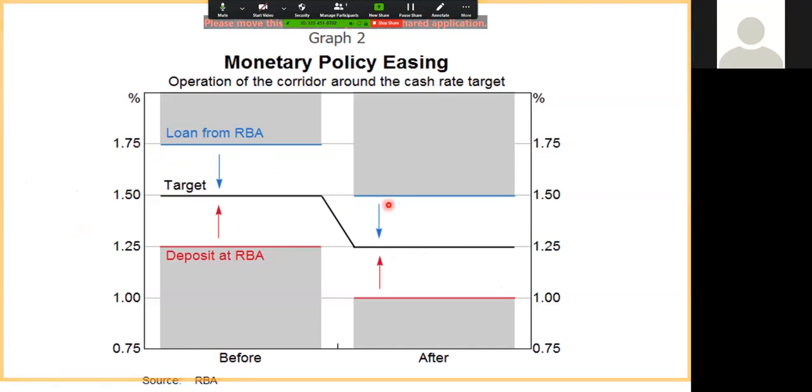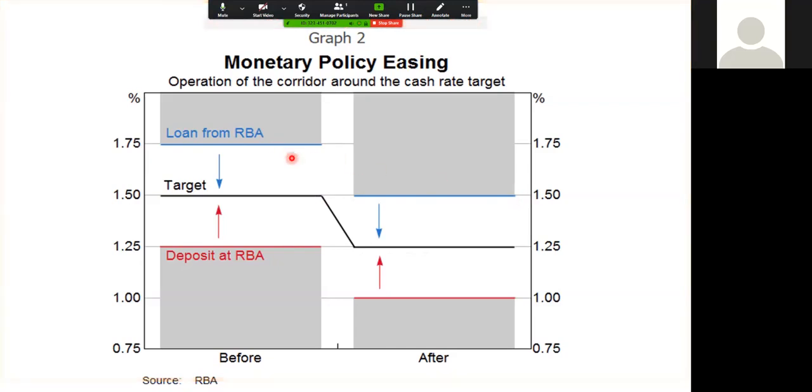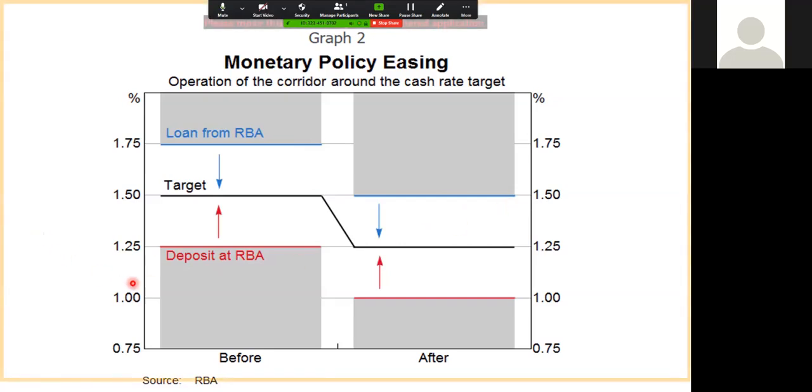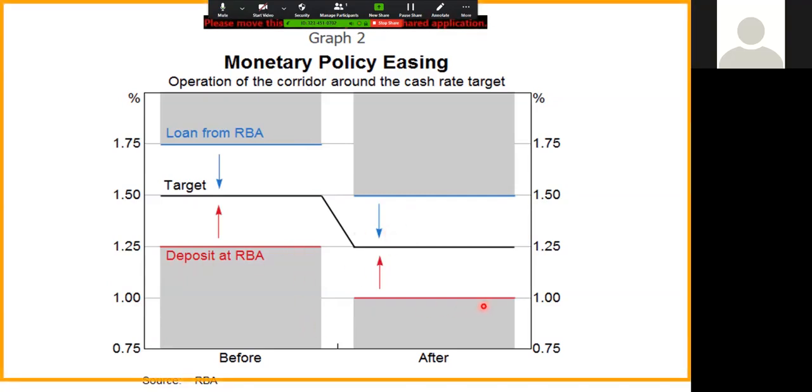Its lending rate has been reduced by 0.25 basis. So from 1.75, now it has come down to 1.5. And on the other side, on the deposits, it has again reduced it further. So from 1.25 to 1. So now the interest rate will by default set somewhere around 1.25.